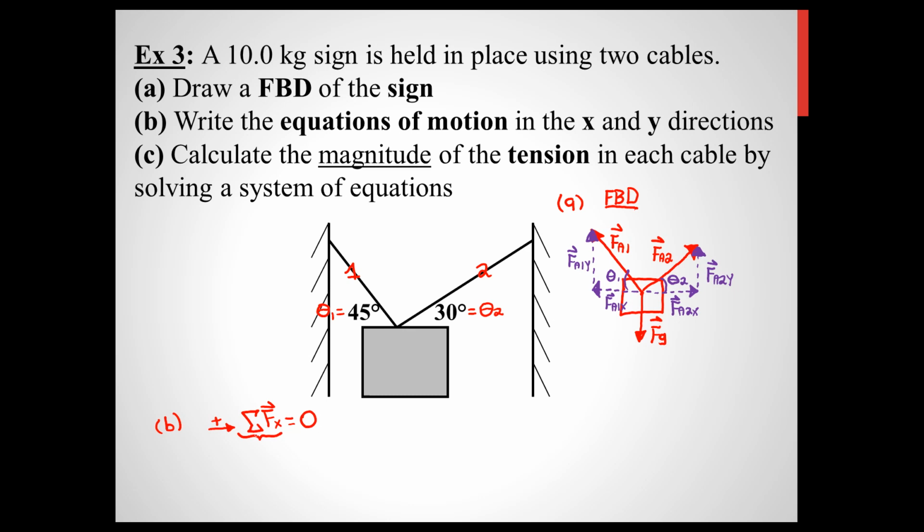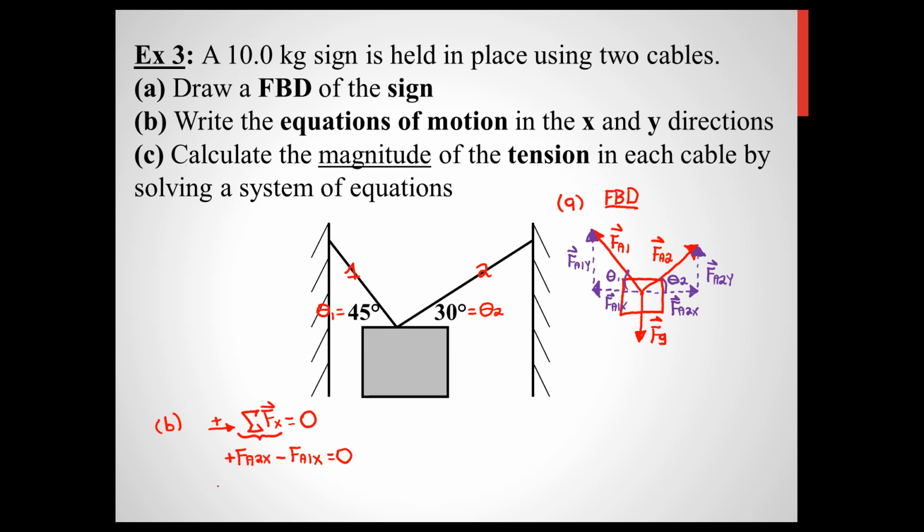If the force points towards the right, we're going to write a plus sign in front of it. If it points towards the left, we're going to write a negative sign in front of it. So this would then become positive Ft2x, because Ft2x points right, which is positive. Subtract Ft1x. Ft1x points towards the left, therefore it's negative.